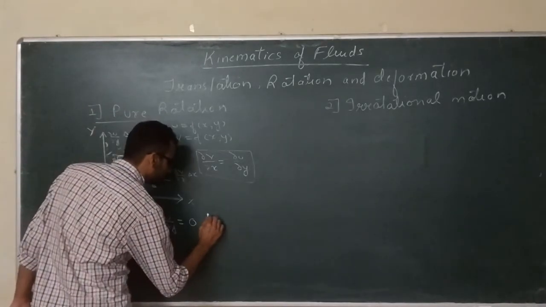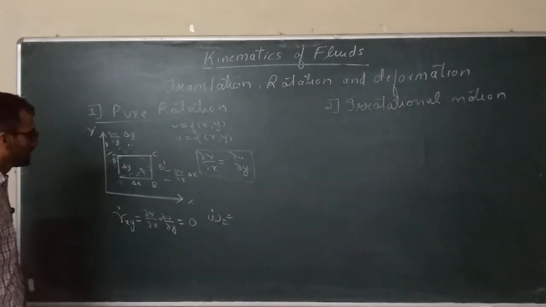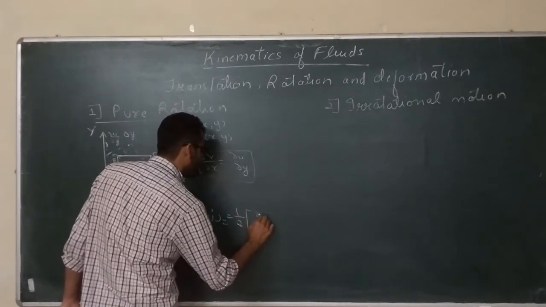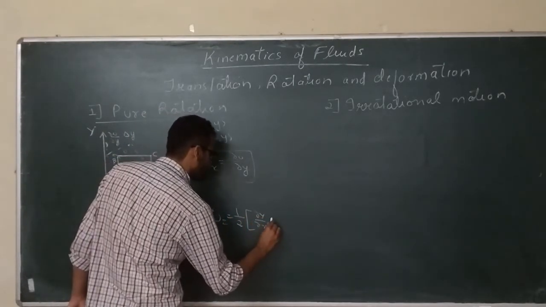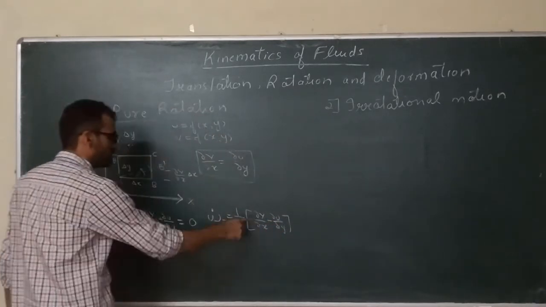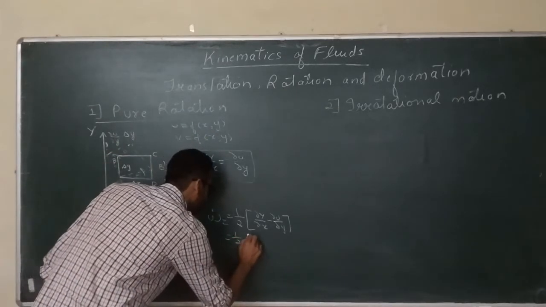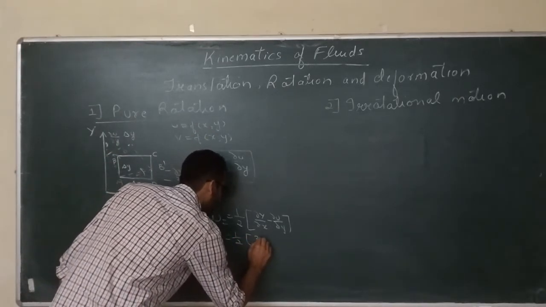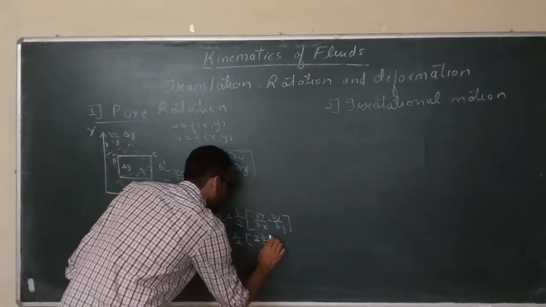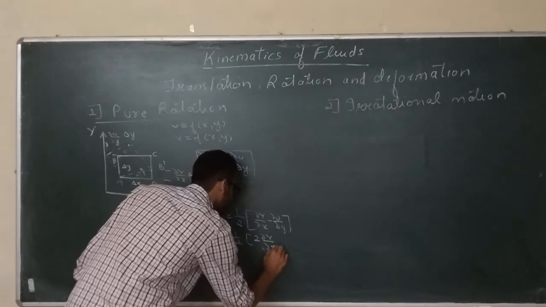And what will be the rotation? Rotation is given by half into del v by del x minus del u by del y. But del v by del x is minus del u by del y. So we are getting half into twice del v by del x.